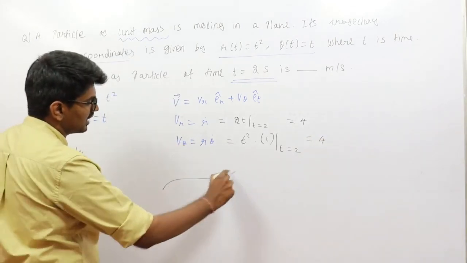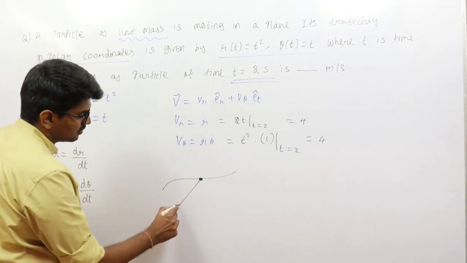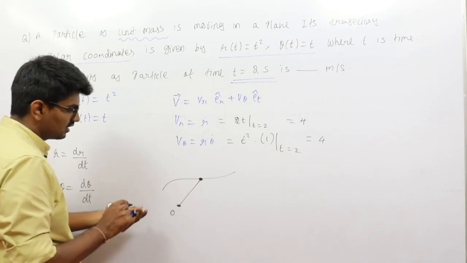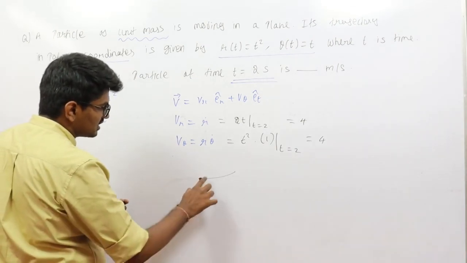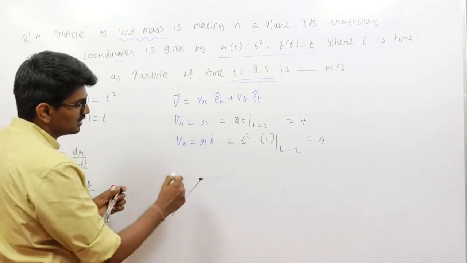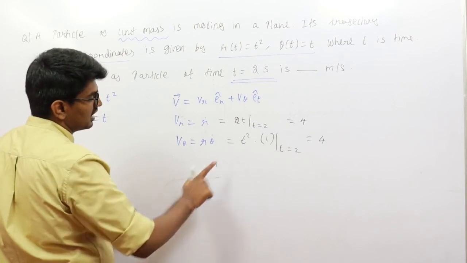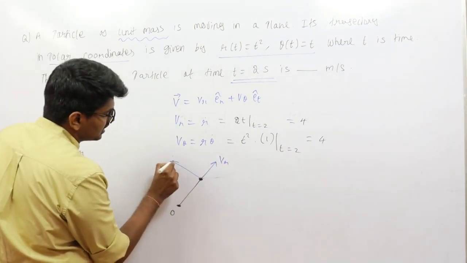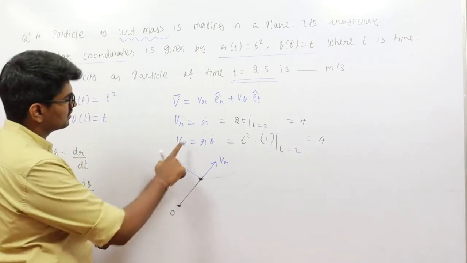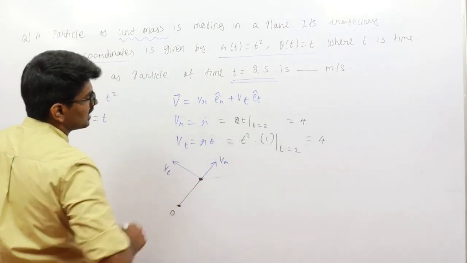Suppose in some trajectory this is the particle. From the origin we will have two things, let me mark them: one is the radial component, that is Vr, and another is the tangential component, which I will take as Vt.